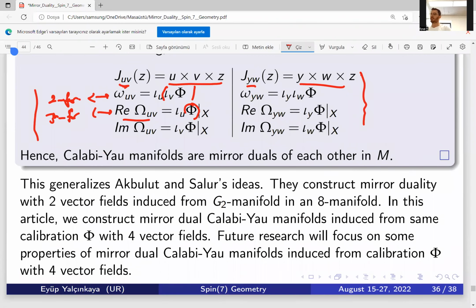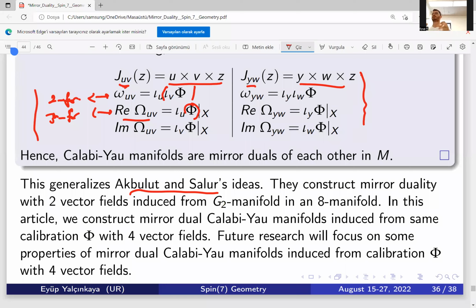You can look at that. Those kinds of works are a little bit complicated. My ideas and studies are a little bit of a generalization of Akbulut and Salur for the G2 case into spin 7.